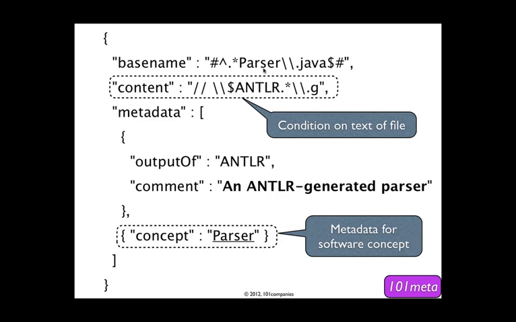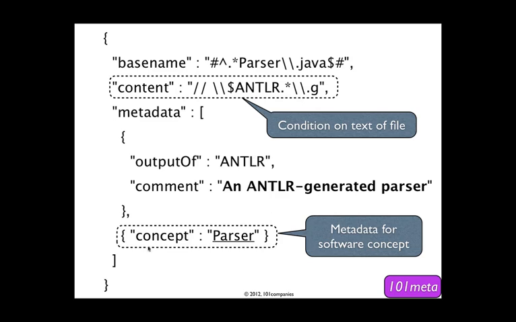If the file name pattern is okay, and if we can establish that this sort of Java comment is there, then we allow ourselves to conclude that this file is an output of ANTLR, and we can think of it as an ANTLR generated parser.